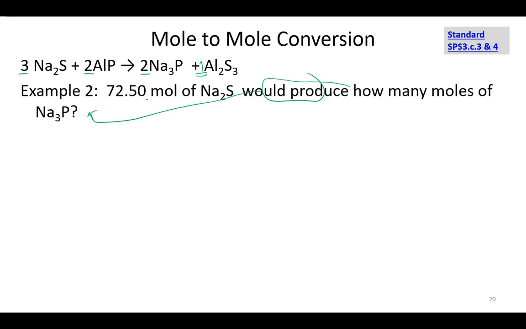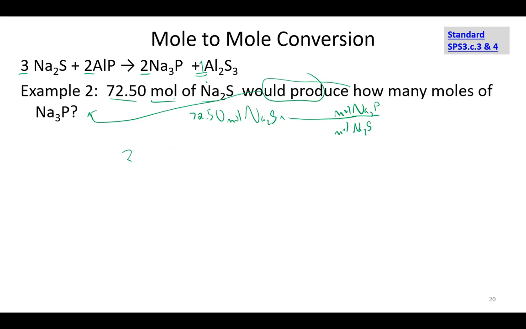So, starting out, I write the number from the problem, my given number, my given unit, and my formula. 72.5 moles of Na2S. I'm getting rid of moles of Na2S, and I am going to moles of Na3P.